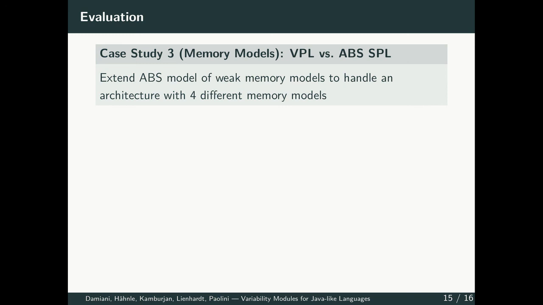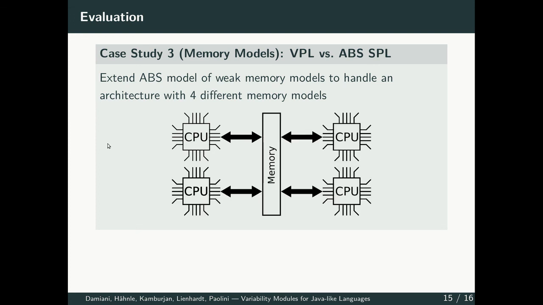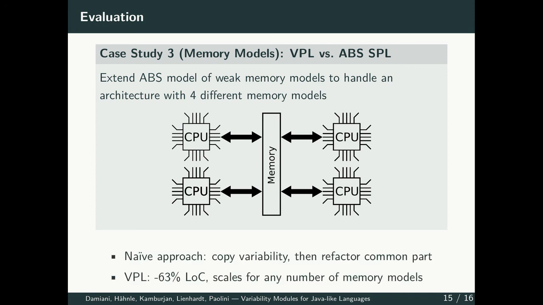And finally, we looked at what would have to be done if you would just use standard product lines. So we looked at our weak memory model in ABS, which is the variability of the communication between a CPU and memory, and looked at what would happen if I would have 4 CPUs with 4 different memory models. Or we just copied everything over 4 times and then manually refactored the common part.